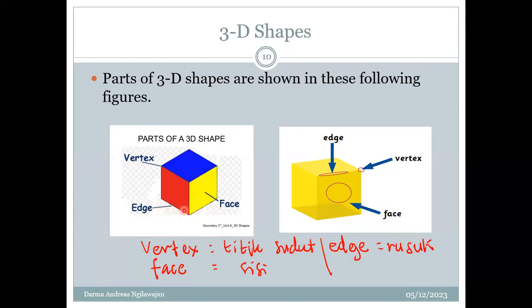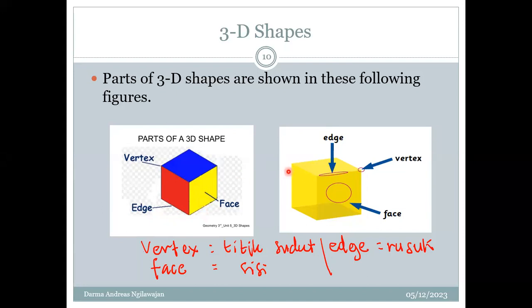Okay. And then this part, I mean the yellow mark, we mark the sides using yellow. And for these parts, we call it face.